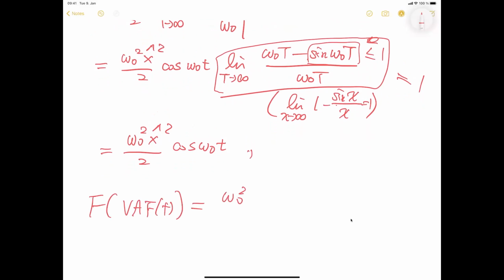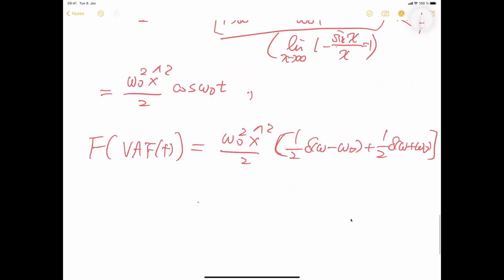So this is simple because we already know the answer for this cosine. The Fourier transform of this cosine will just give you 1/2 delta (omega minus omega 0) plus 1/2 delta (omega plus omega 0). So this is the final answer.